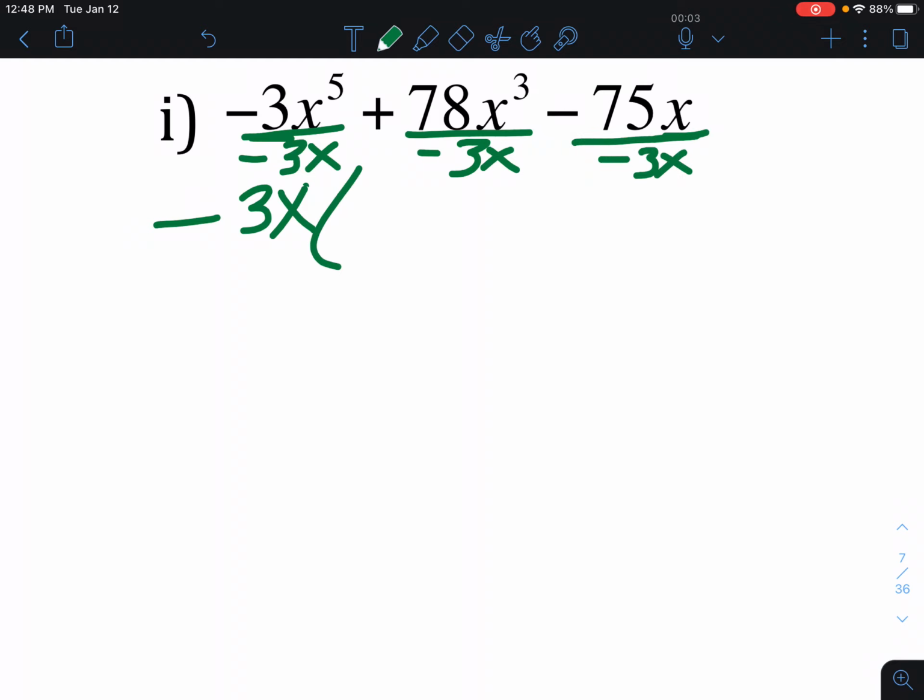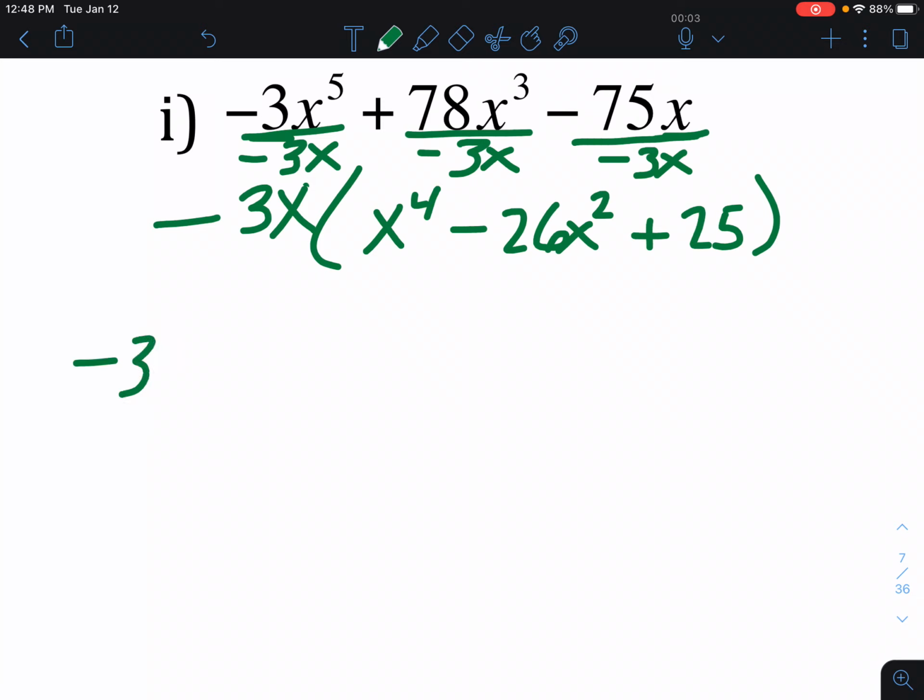So that'll give me 1x to the 4th minus 78 over 3 is 6. Nope, that's not right. 26. Minus 26x to the 2nd, and then plus 25. Let's bring this down.